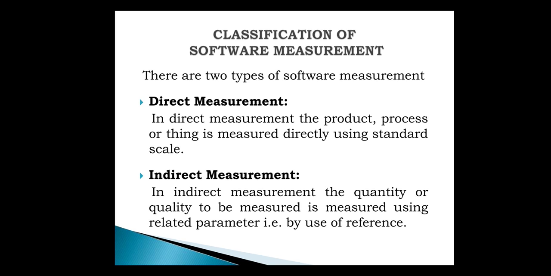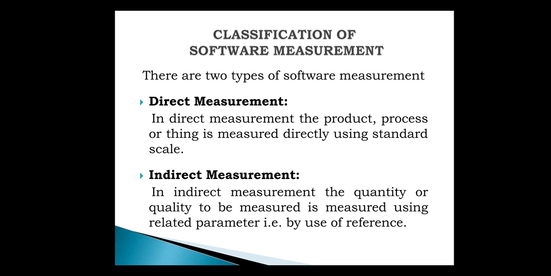Next is the indirect measurement. In indirect measurement, the quality or a quantity to be measured is measured using related parameters, or we can say by reference. Indirectly means it is not directly measured.